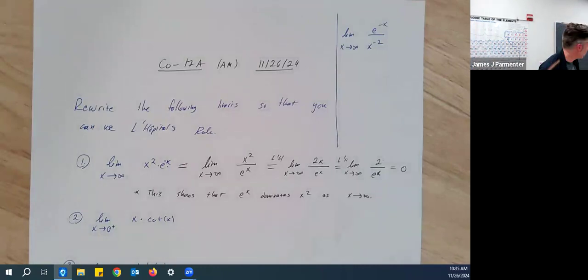Same kind of thing though, right? It's the same idea either way. Either way you go, you're still getting closer and closer to 0 as the exponent gets more and more negative.